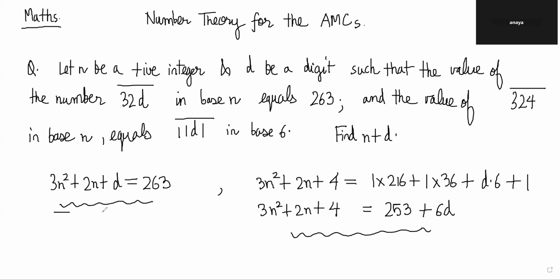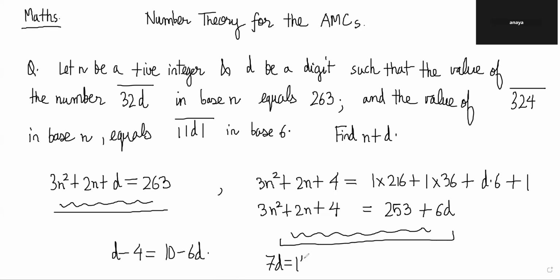You should get these two equations. Are you getting these two? Yeah, I got those. So if you simply subtract these two equations, you will get d minus 4 is equal to 10 minus 60, which immediately gets you d, because you'll get 7d is 14, so d is 2. Once you get d is 2, you can solve for n from here.